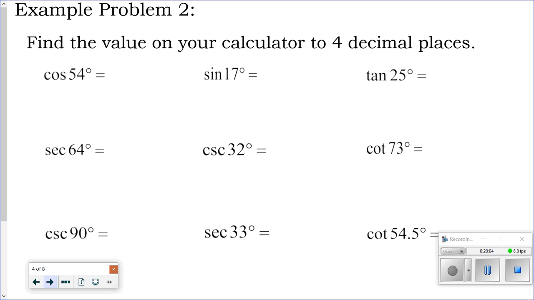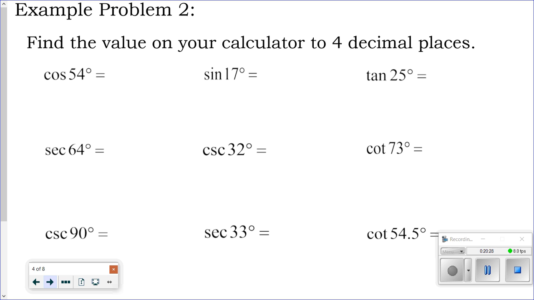And how many decimal places does it say to go? 4. That's standard. Usually it's 3 decimal places for almost anything, but 4 decimal places is standard for trig functions, for your accuracy.